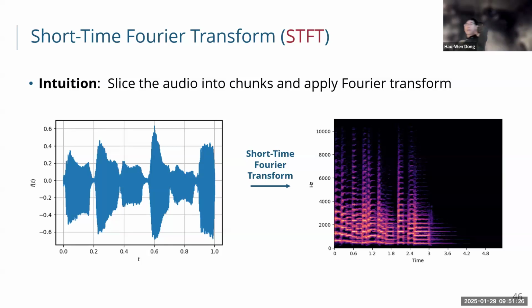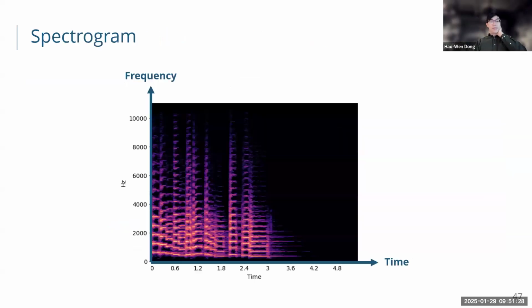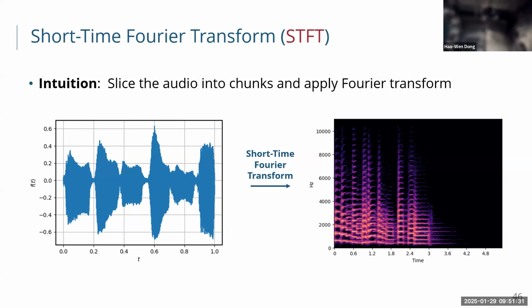This is a spectrogram. Basically what a spectrogram does is you grab the first 100 milliseconds, do Fourier transform, and put it in the first slice of your output. And then you do it for the second slice. So you do each slice again and again. Then you get this, where every single column is a Fourier transform output.